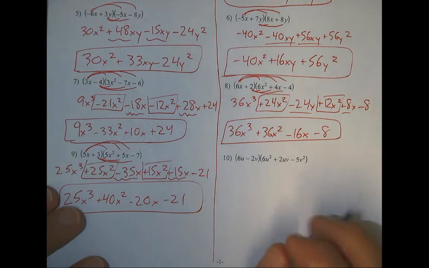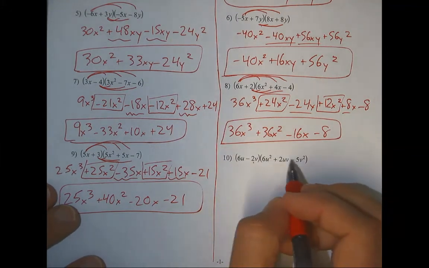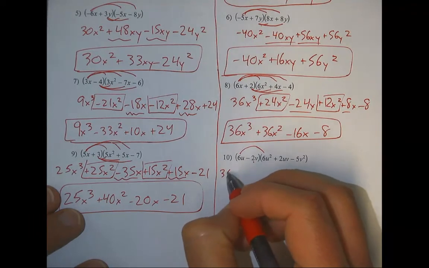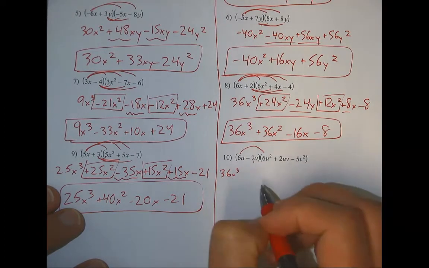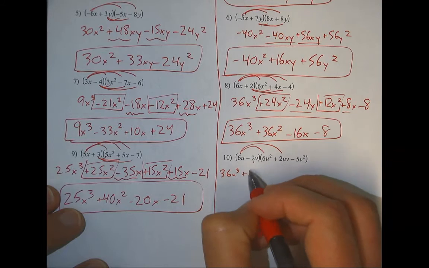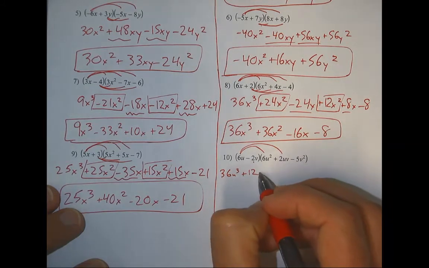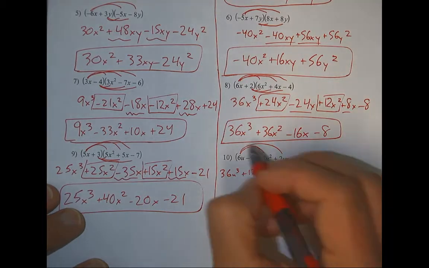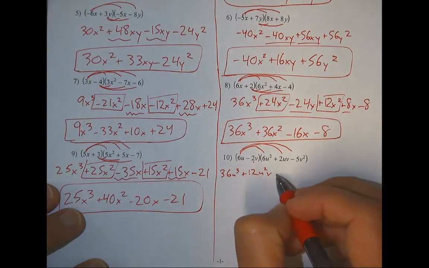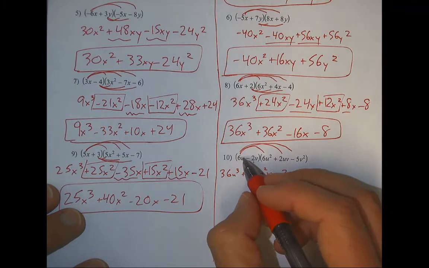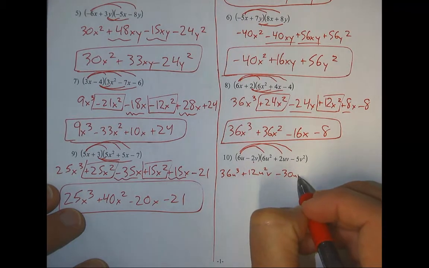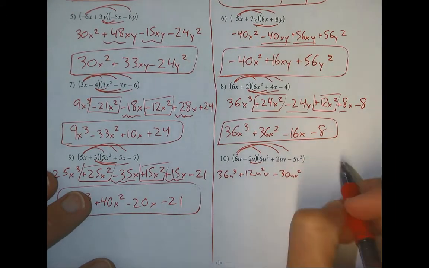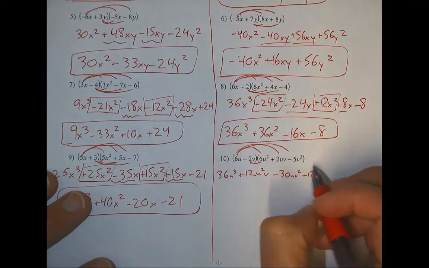All right, to get to number 10. Now I've got different letters here, so it steps it up a little bit. 36u to the third, 12u squared from u times u, and the v stays with it. Negative 30. A u times a v squared, those are going to stay separate. Okay, right here, it's negative 12.